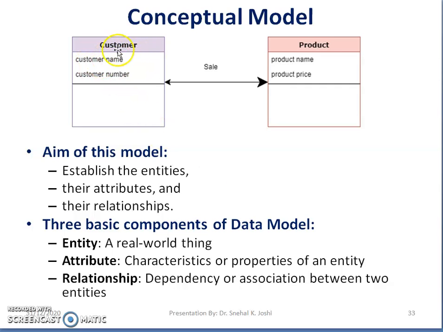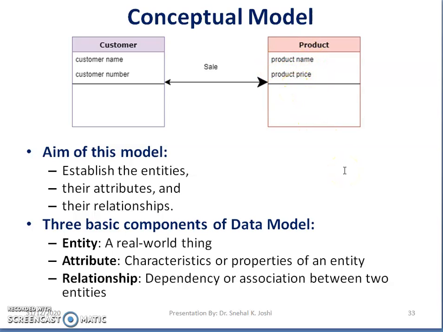Here you have two entities, customer and product. The relationship between them is that customer purchases the products, that is selling. And the attributes for the customer entity are customer name, customer number, etc. Similarly for product, you have product name, product price, etc.